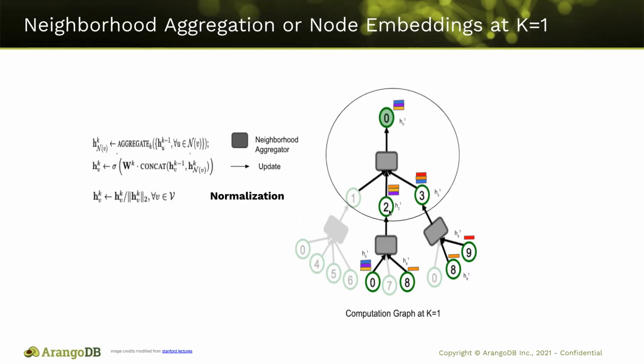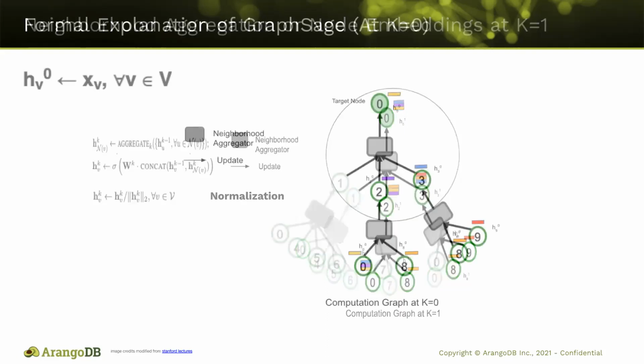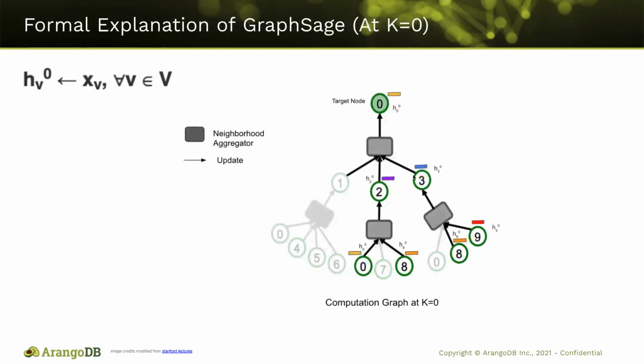Its neighbors are 2 and 3, and then we are selecting their k minus 1 representations, the representations which were before this search depth, basically these representations at search depth k equals 0.